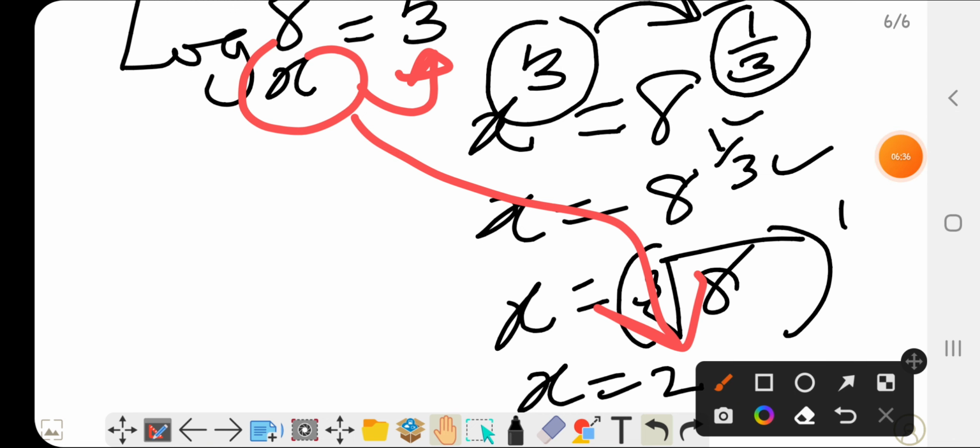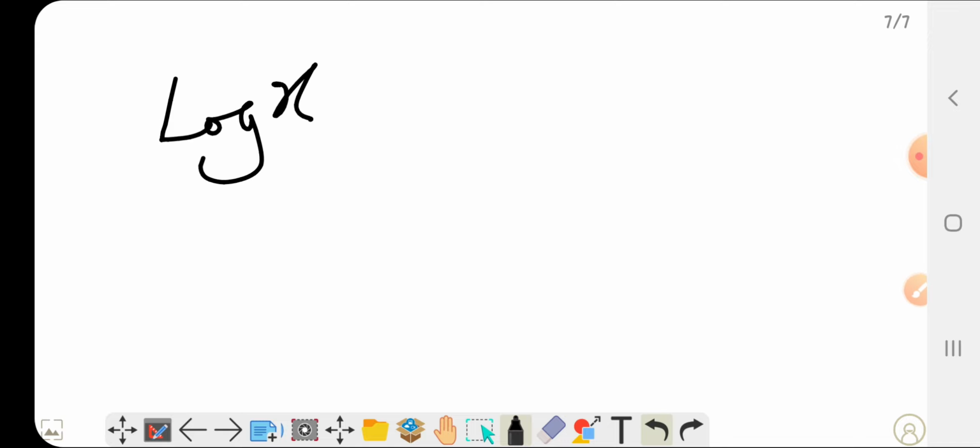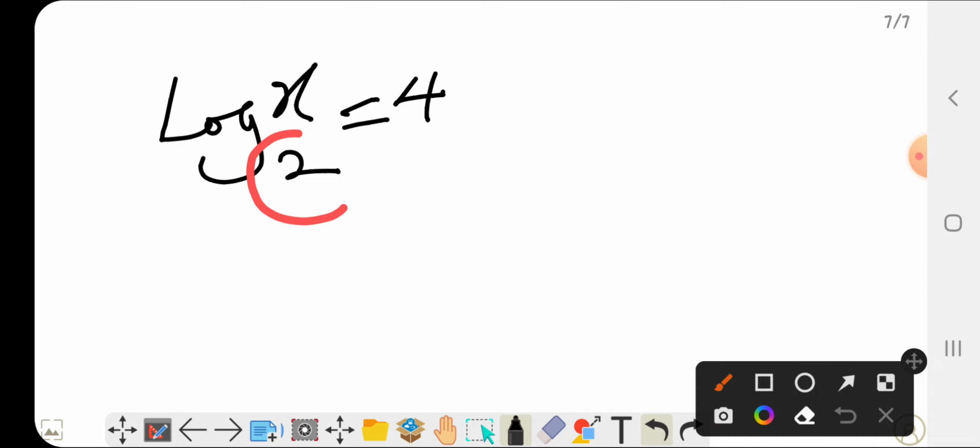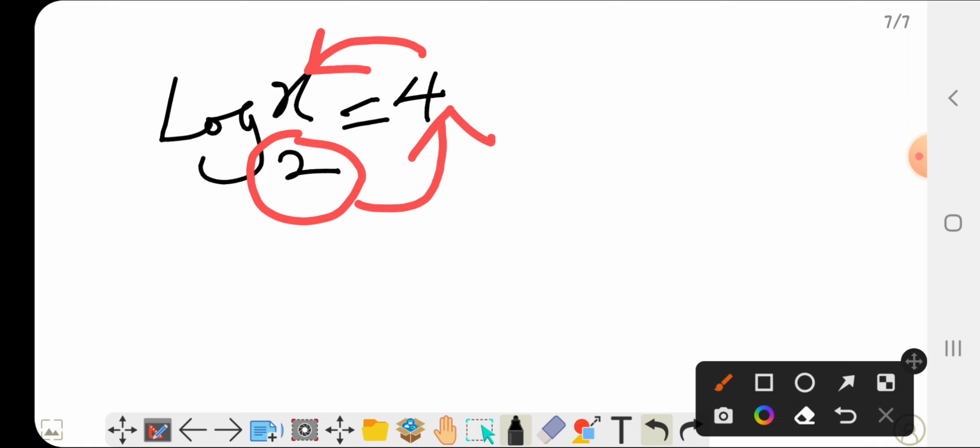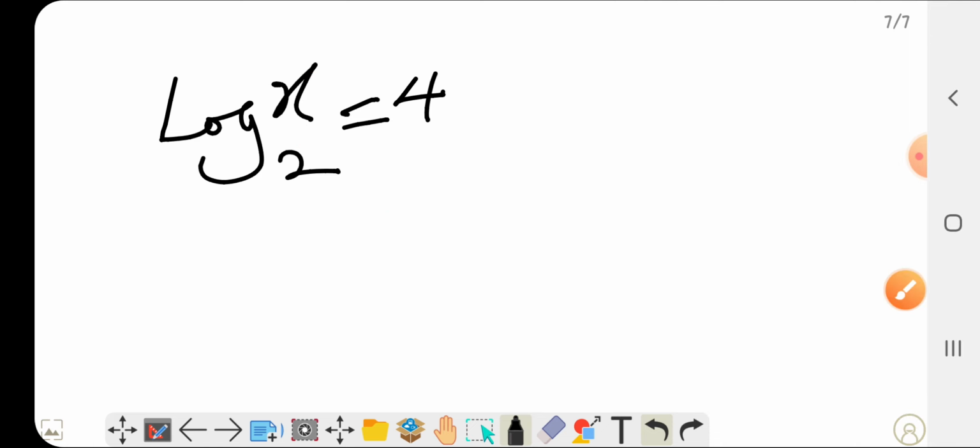Okay, let's see another example. We're going to have it this way: log x base 2 equals 4. The ultimate rule doesn't change, that the base raised to power your result here must give you the number of the log. That is your game changer. So write it out. We now have 2 raised to power 4 must give x.